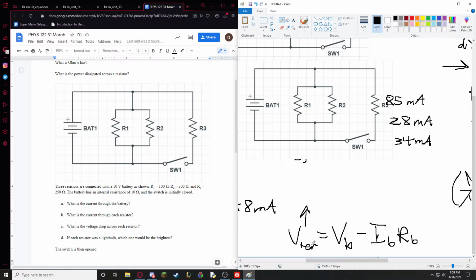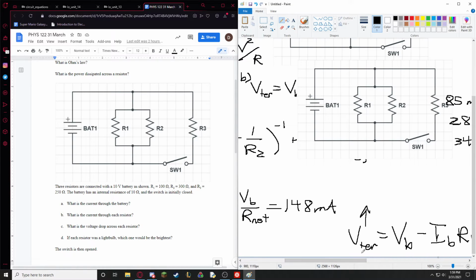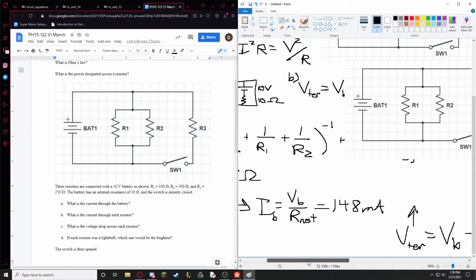So what does that mean about the currents through R1 and R2? Are they going to increase, decrease, or stay the same? If V terminal goes up, it'll decrease. Why is that? I'm just looking at V equals IR, and I think that's how it goes.